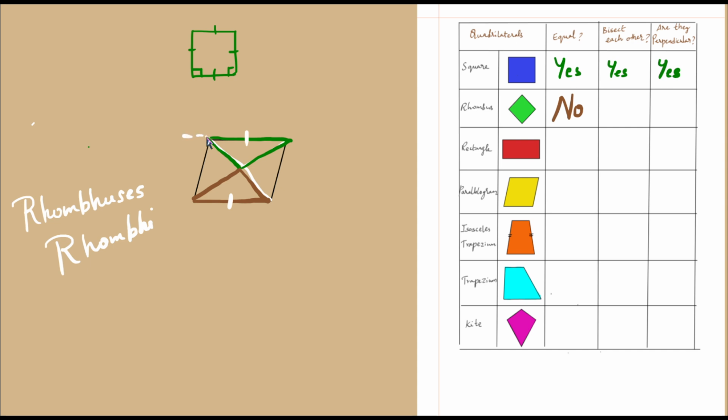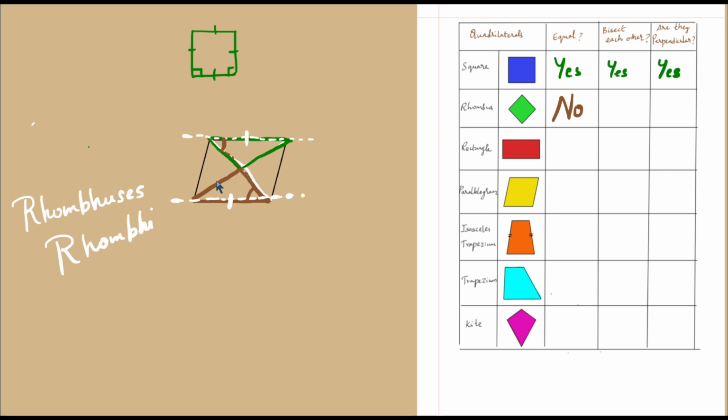The rhombus has opposite sides parallel to one another, right? So these two lines are parallel to one another. So what about the alternate interior angles? The angles which I am marking in brown now are equal, because if this is considered to be the transversal, these two angles are equal.